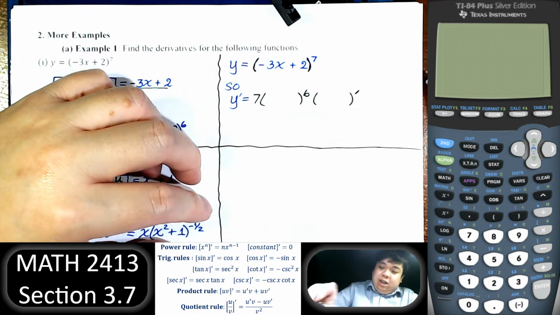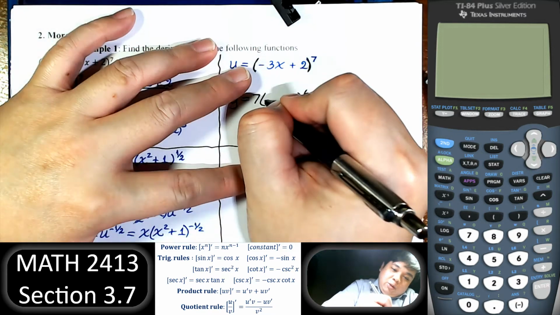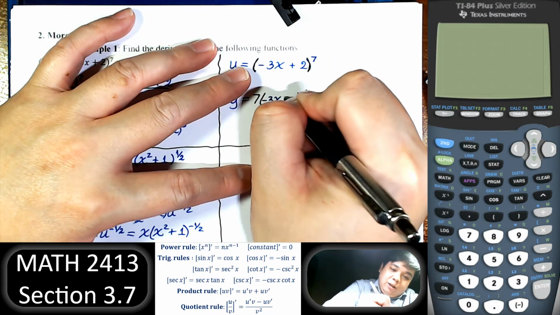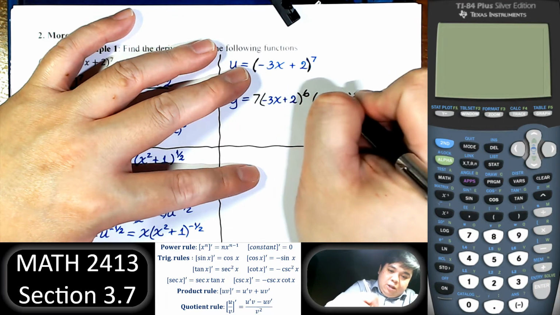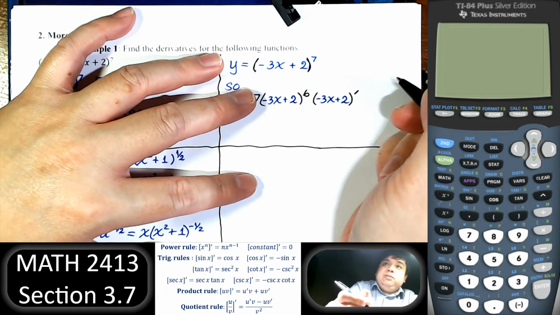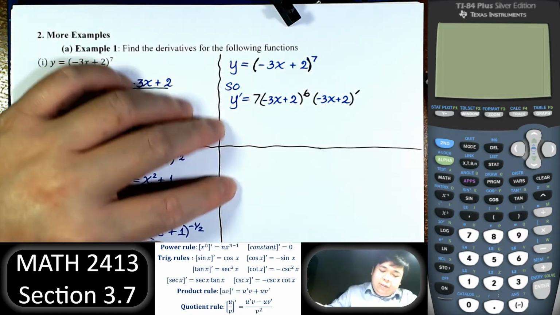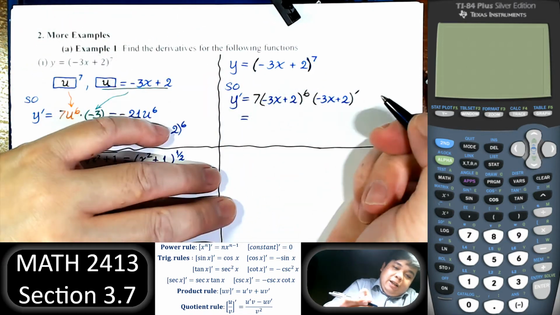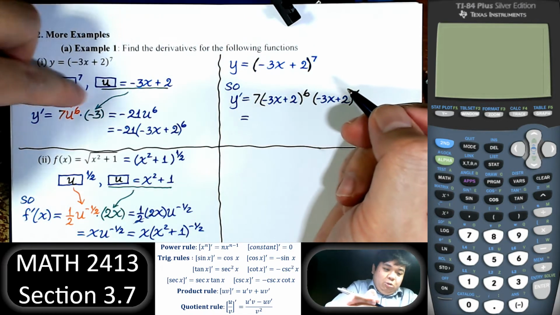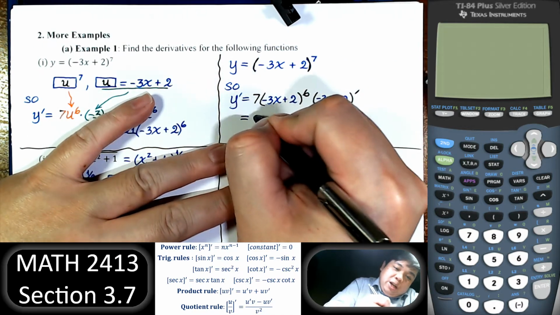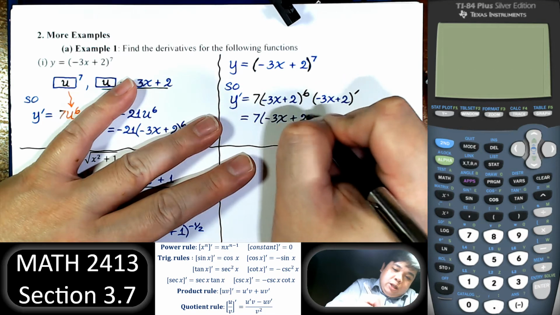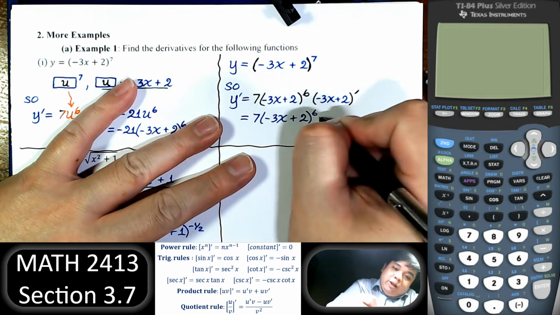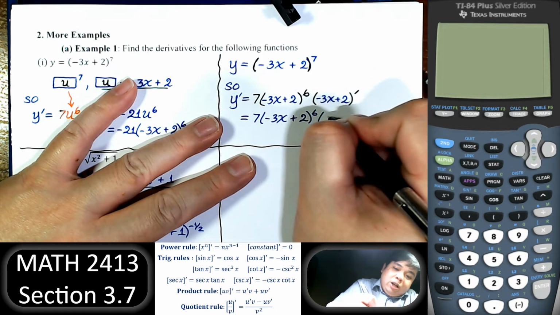So now inside is negative 3x plus 2. In this case, we don't need to write different variables. So that gives us 7 times negative 3x plus 2 to the 6th, and the derivative of this is negative 3x plus 2, so negative 3.